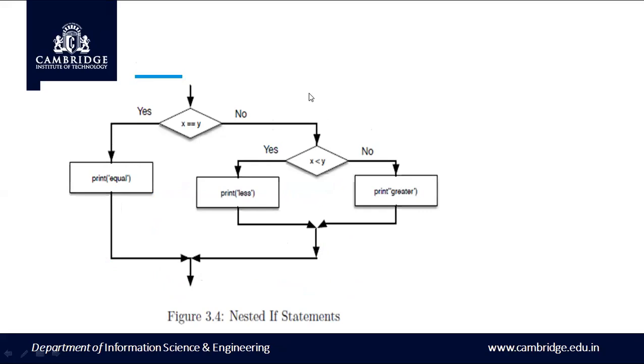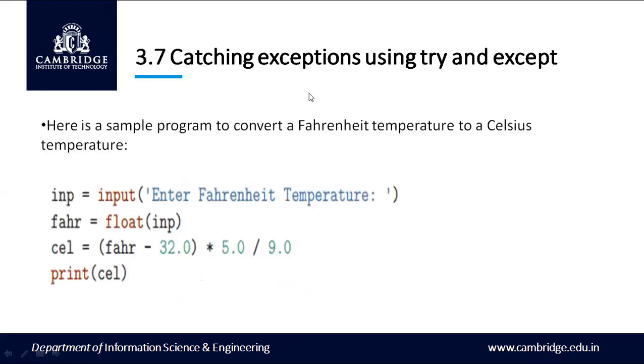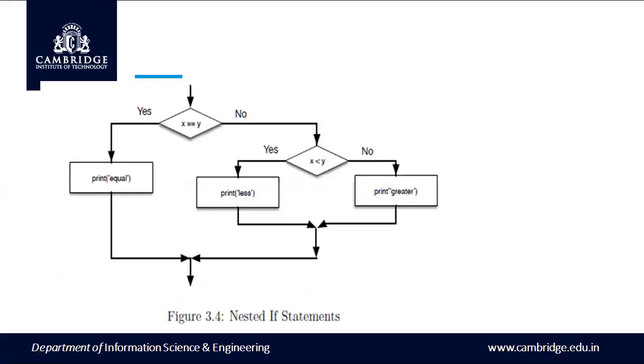This is the pictorial representation for nested conditionals, nested if statements. Here we have one condition represented in a rhombus in the flow chart. You can see this is the condition x is equal to y. If this condition becomes false, the condition within that condition will be executed.